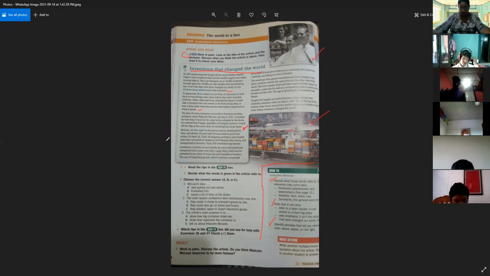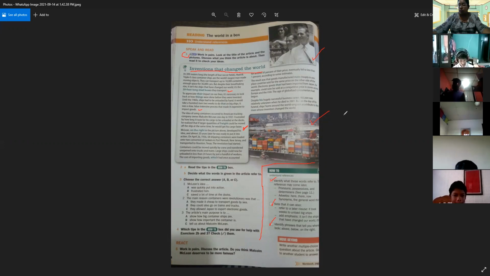The idea of using containers occurred to American trucking company owner Malcolm McLean in 1937.